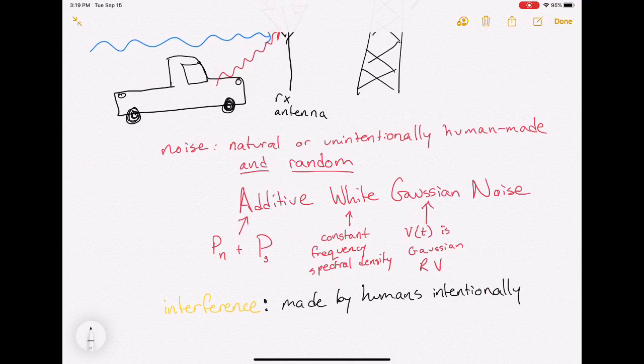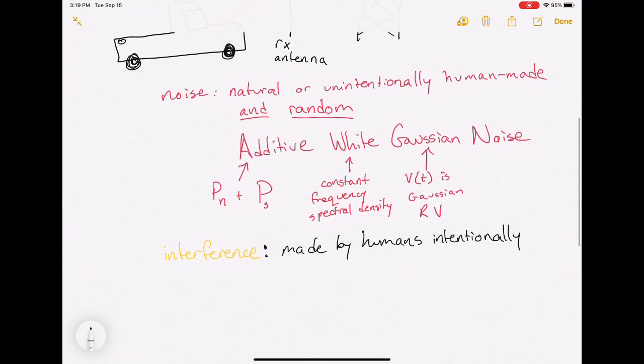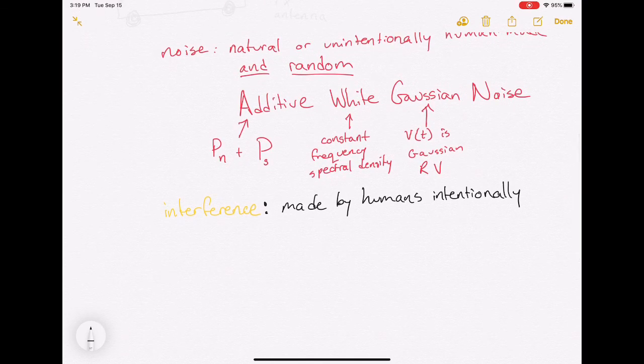It might be another radio communication signal that happens to be in your band that you care about or something like that. But it is a radiator that humans made to radiate, and it's just inconvenient for you right now. So we're not going to worry about interference in this class. We're just talking about noise. In the presence of noise, how do you detect the signal that you do want?